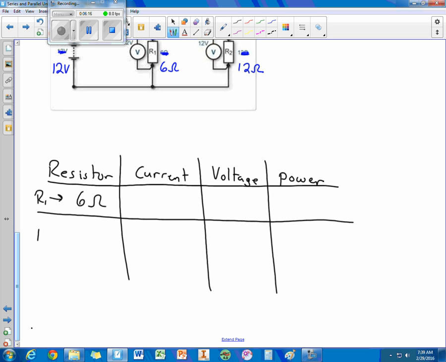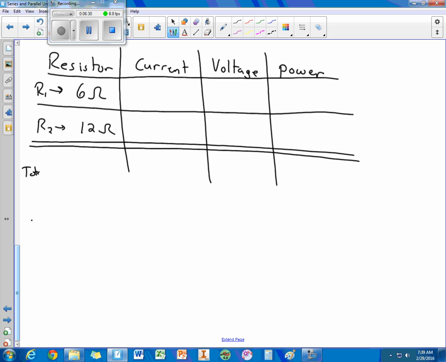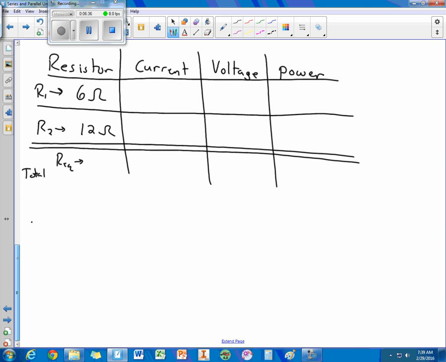I've got my R2, which is 12 ohms. And then I have my totals, so that means I got my Req. All right, let's go ahead and get to it then.